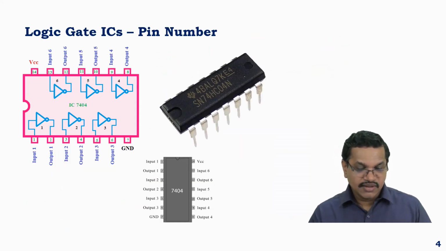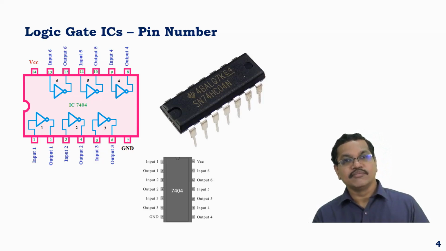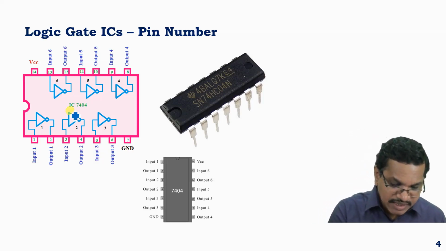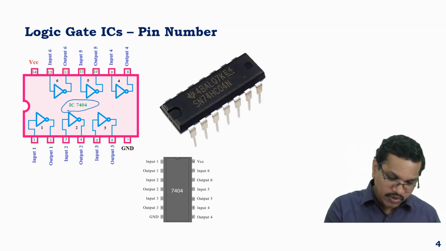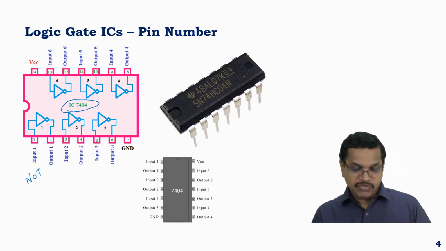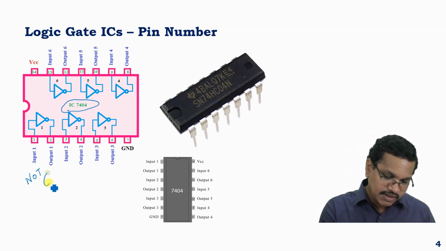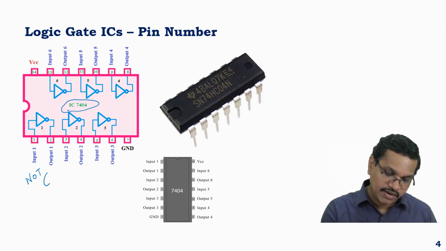Third one is the logic gate integrated circuits, abbreviated as ICs, wherein you identify the logic gate using a number. For instance, IC 7404 is given here. So this corresponds to NOT gate, because it gives the opposite of the logic input, or the inverted output.